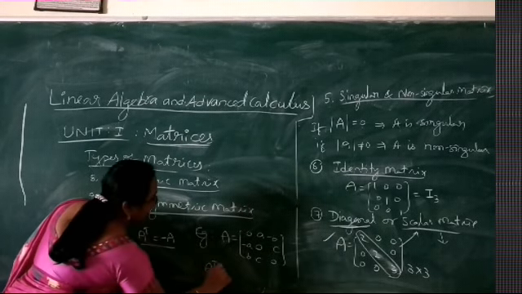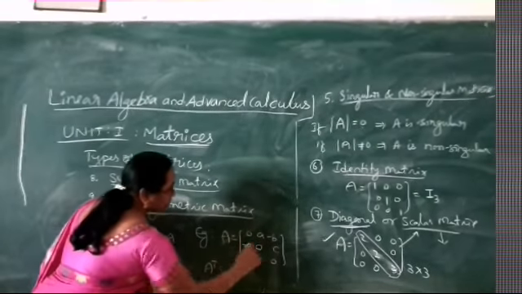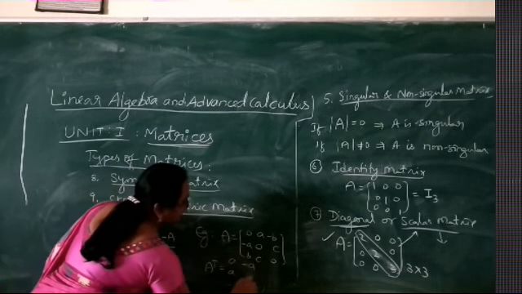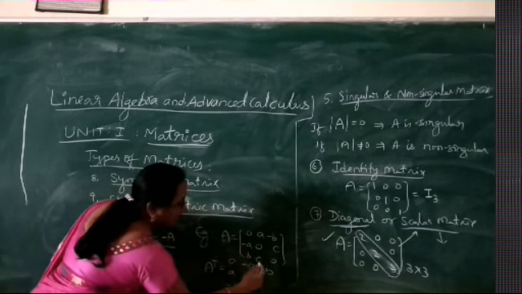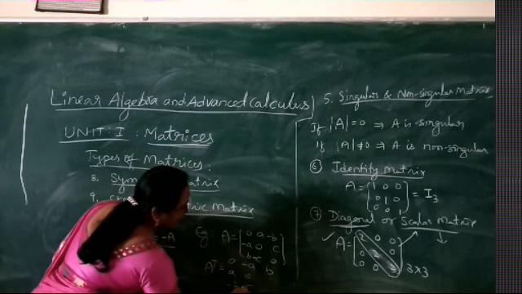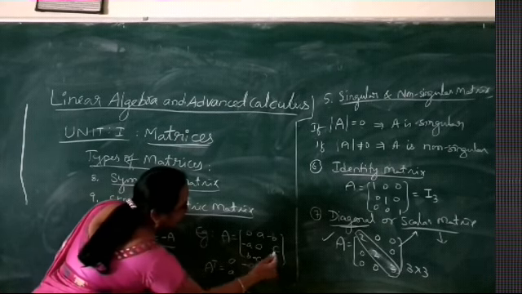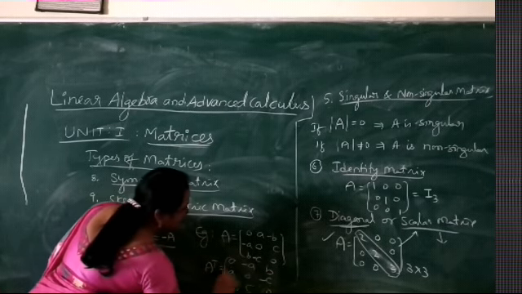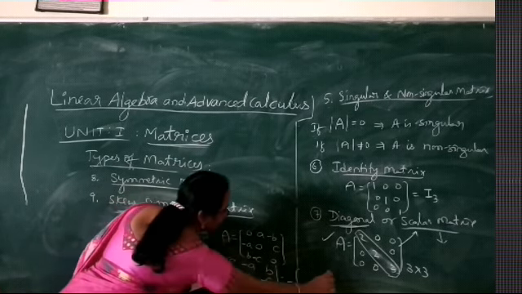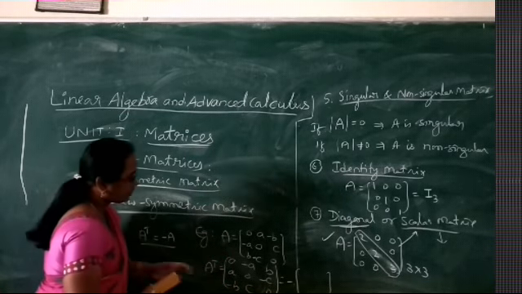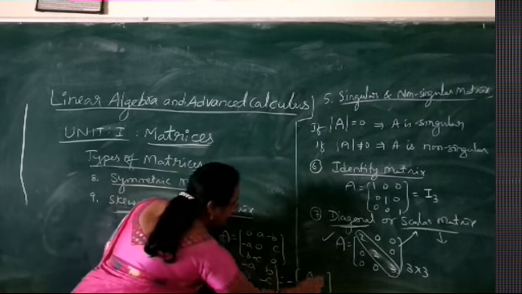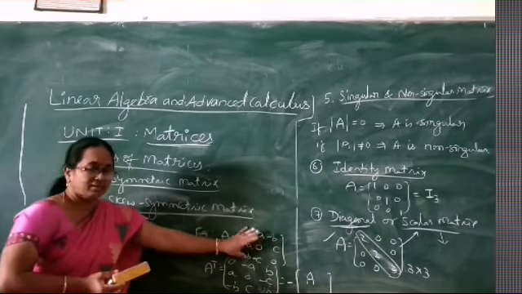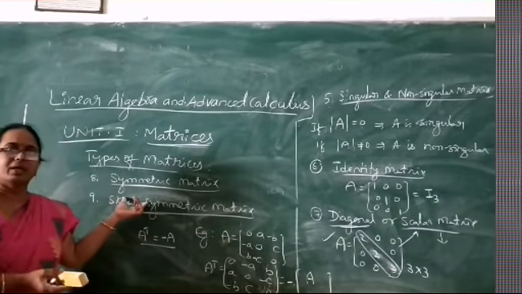When we calculate A transpose, writing the first row as the first column, the second row as the second column, the third row as the third column, when we take minus common, exactly we are going to get the matrix A itself. Therefore, the matrix A shown here is known as a skew symmetric matrix.